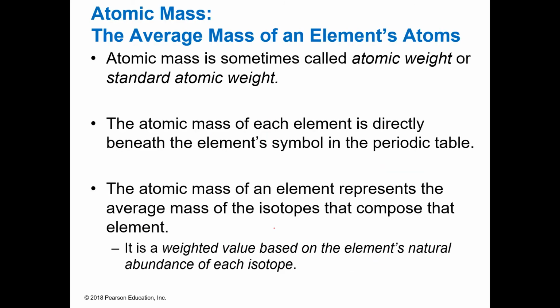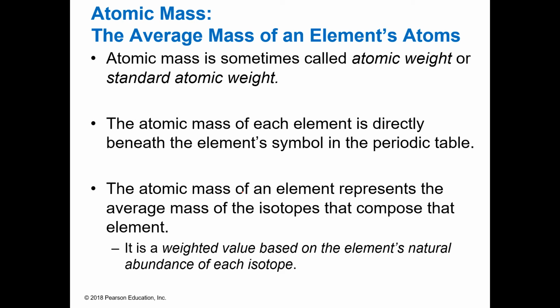All right, so we are going to move into looking at that weighted average and how to calculate it. What I'm talking about is how we can come up with the 20.18 for the mass number for neon when we have those three isotopes. So what we need to be able to do this is we need to know how many isotopes there are and what the abundance of each isotope is.